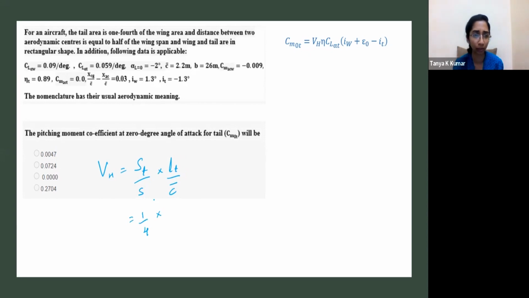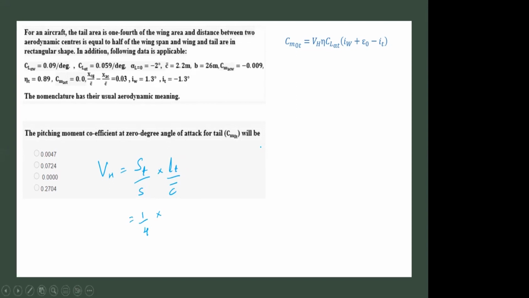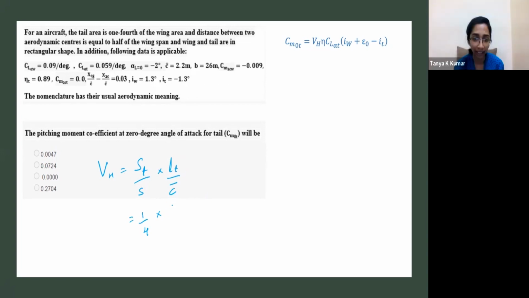And what does the question say about the distance? The distance between the aerodynamic centers is equal to half of the wingspan. The wing and tail are rectangular in shape. So this LT is half of the wingspan, B/2.